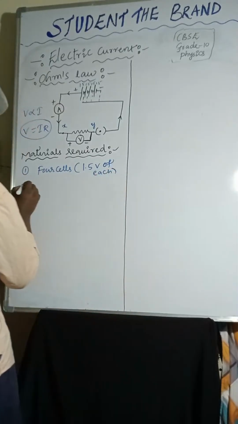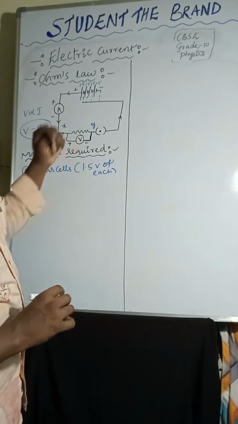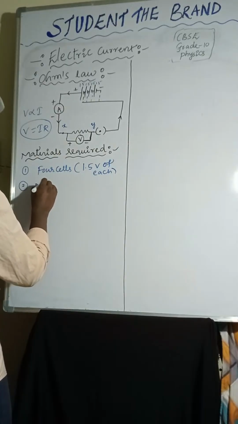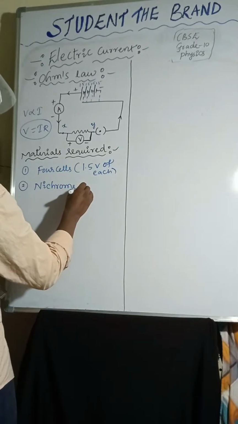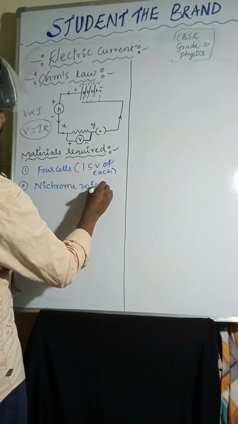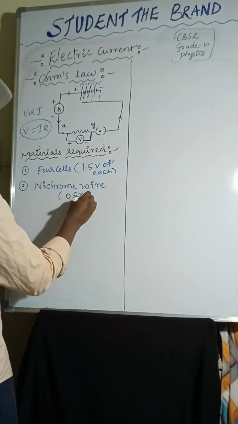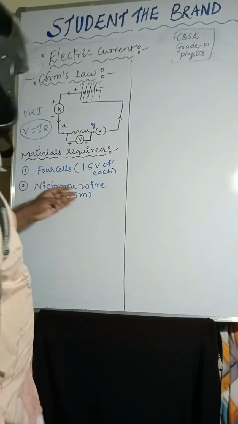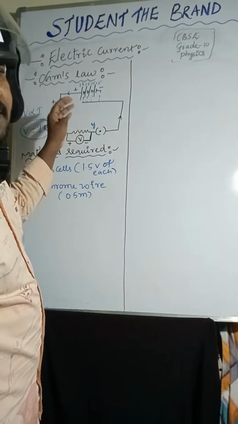Coming to the second one, nichrome wire, of 0.5 meter length. Nichrome wire is an alloy of nickel, chromium, manganese and iron metals.